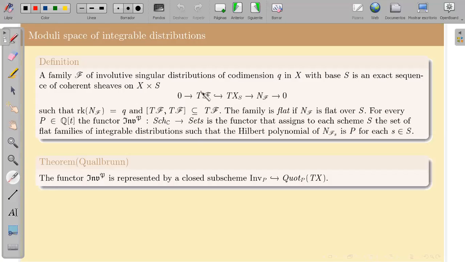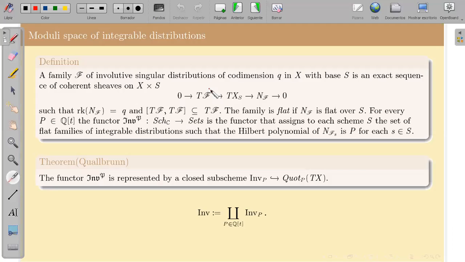So this functor here is represented by a closed subscheme of the corresponding Quot scheme, and we will just drop the subscript indicating the polynomial and just work with the disjoint union of the schemes.